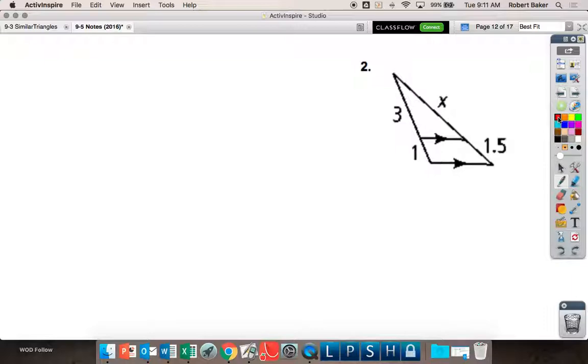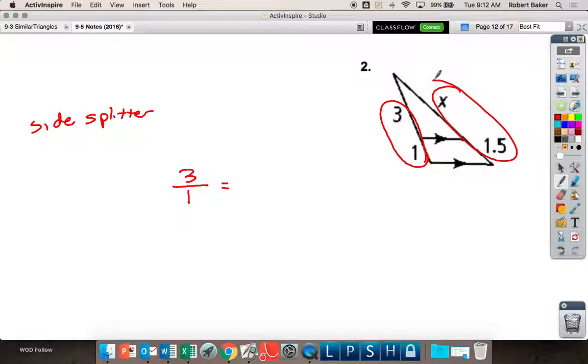What are the proportions that you see? The proportions that you should see are 3 over 1 and x over 1.5.